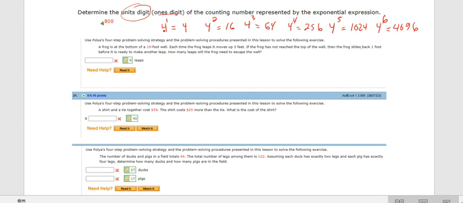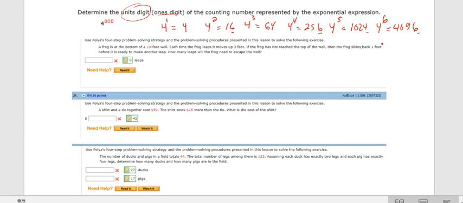But if you notice here, 4 to the first power gave me a 4, 4 squared gave me a 16. So in the ones unit, we have a 6. 4 cubed gave me 64. The ones unit was a 4. 4 to the fourth was a 6 in my ones unit. 4 to the fifth was a 4. 4 to the sixth was a 6. So in the ones unit, you're alternating. It's either a 4 or a 6.